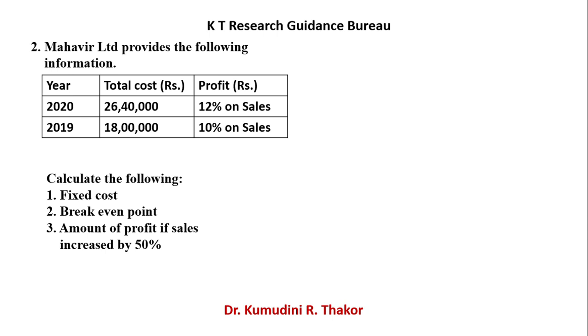In 19, your cost was 18 lakhs, and that time your profit was 10% on sales. You have to calculate fixed cost, break-even point, and amount of profit if sales increased by 50%.